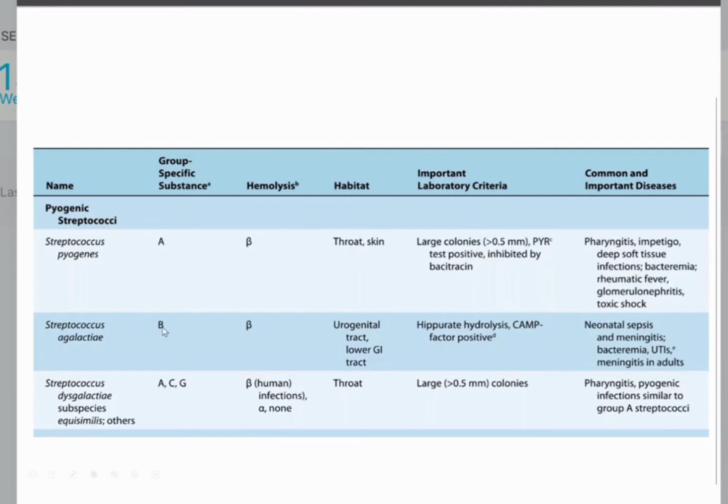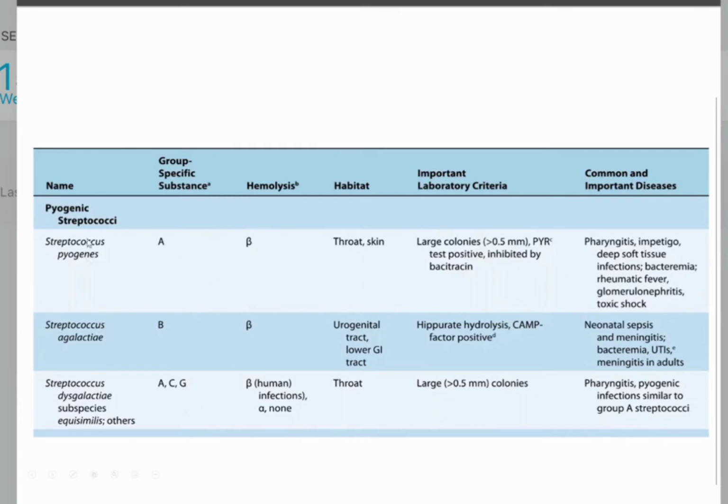Group B streptococcus, the biological name is Streptococcus agalactiae. The other species is Streptococcus dysgalactiae, subspecies equisimilis, which is also beta hemolytic. So we will be coming to this at the last point of today's lecture. We will be discussing about it.